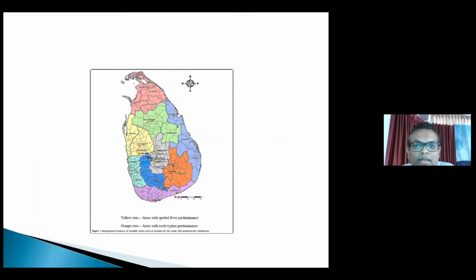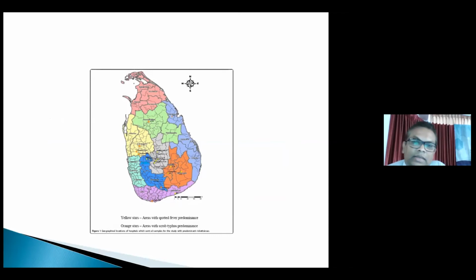I don't know whether you can appreciate this map I took from their study. You can see the yellow stars represent the spotted fever group. So you can see the central hilly areas as well as Uva province. They took samples from Badulla, Monaragala, as well as Passara.